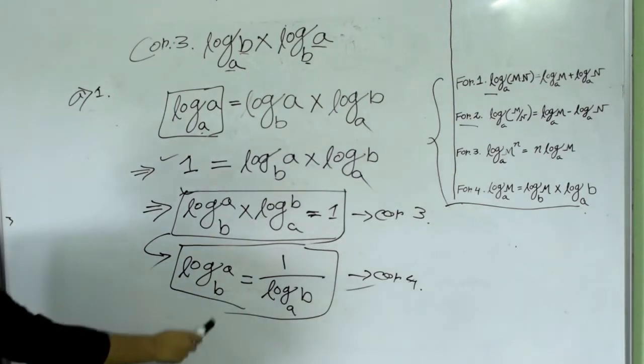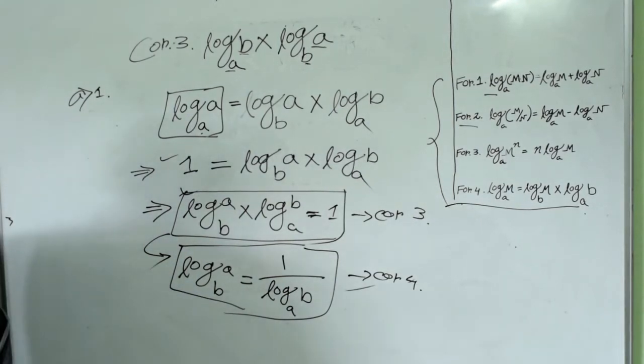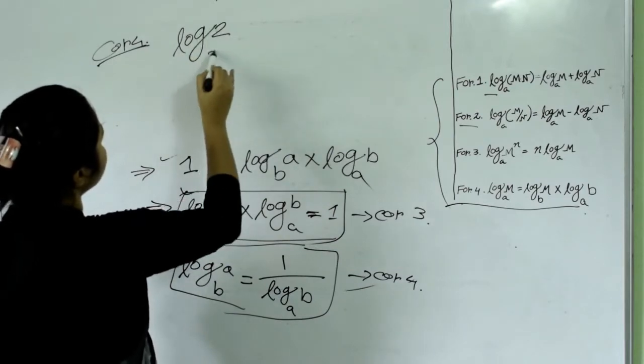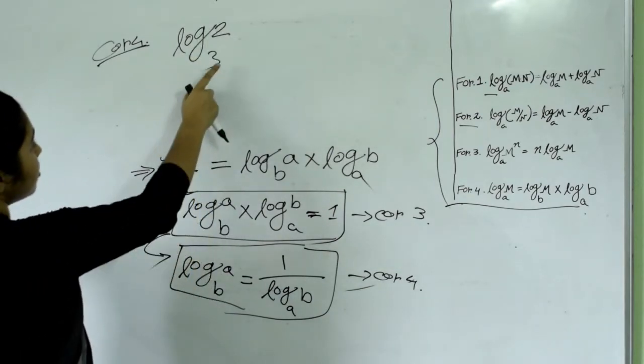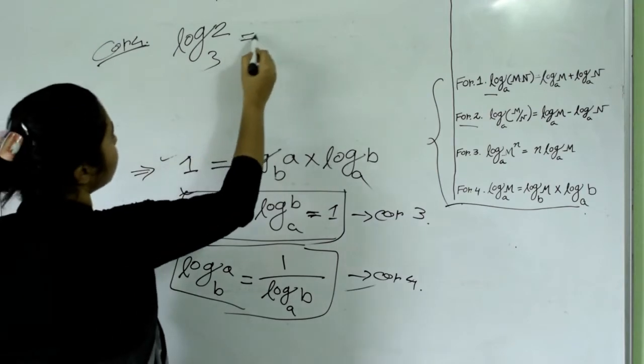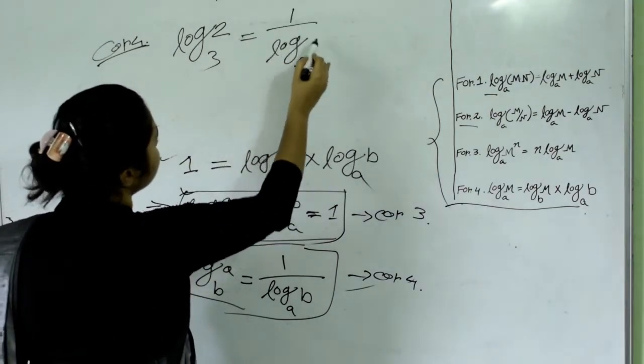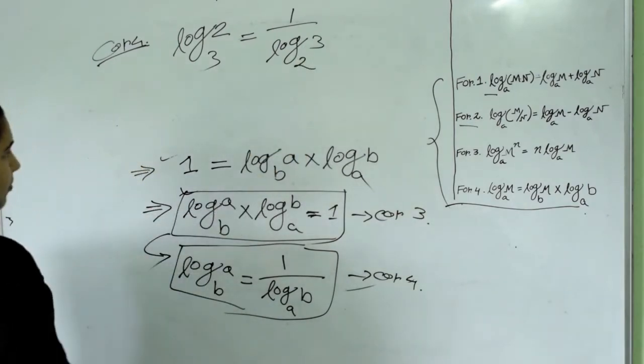So what is the meaning of this corollary 4? That means if we have log 2, 3 and we need 2 as base, so we can write it as log 3 with base 2.